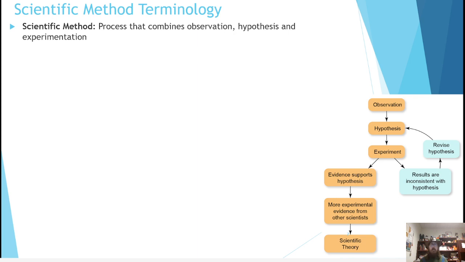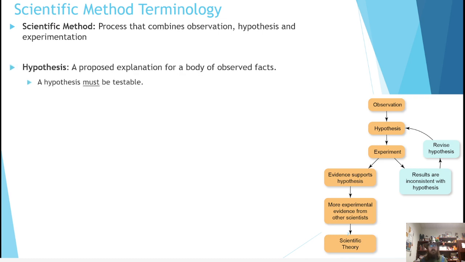The idea is that whenever you get an idea, it stems from an observation. You see something happen, and then you make an educated guess on why that may happen. An educated guess that can be tested. This educated guess is our hypothesis.